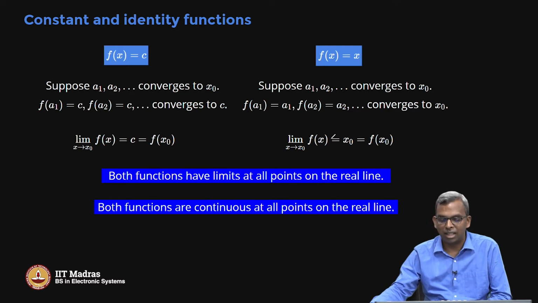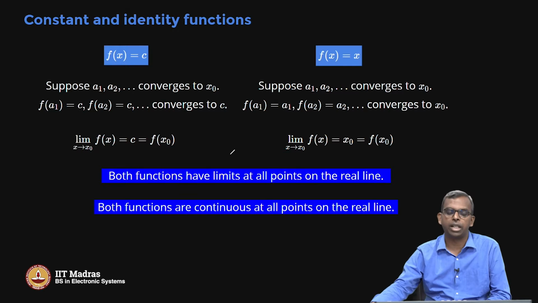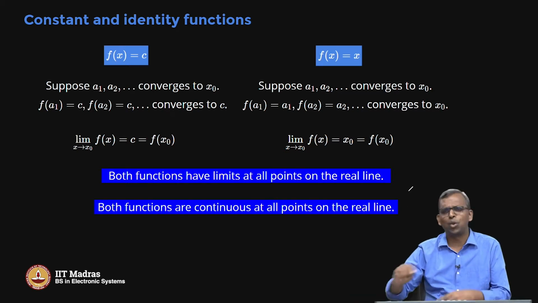Okay. So we see here both these functions, the constant function and the identity function, have limits at all points on the real line. Any x naught you take, the limit exists, and in fact it is equal to f of x naught. So we can conclude that both these functions are in fact continuous at all the points on the real line, which we know from the graph, right?